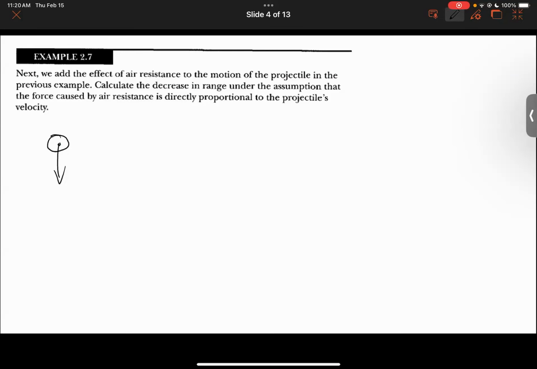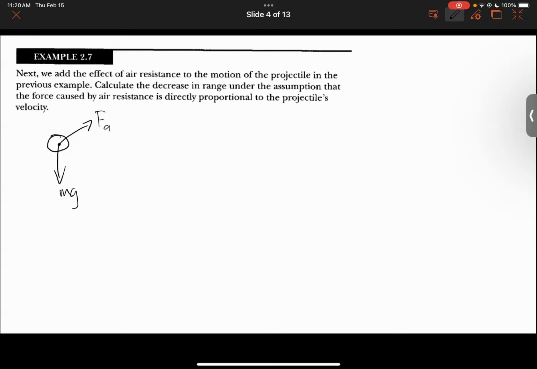Okay, kung meron tong air resistance, let's say na ito yung consider natin na air resistance.